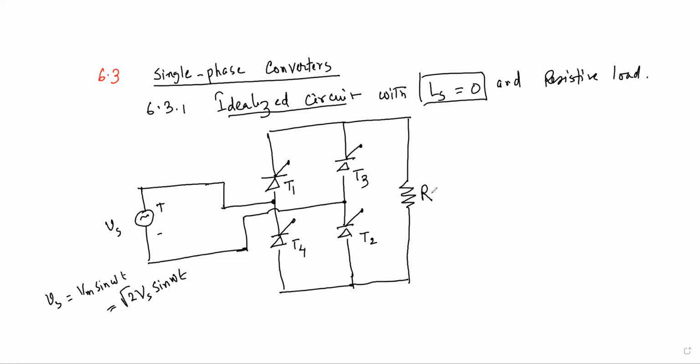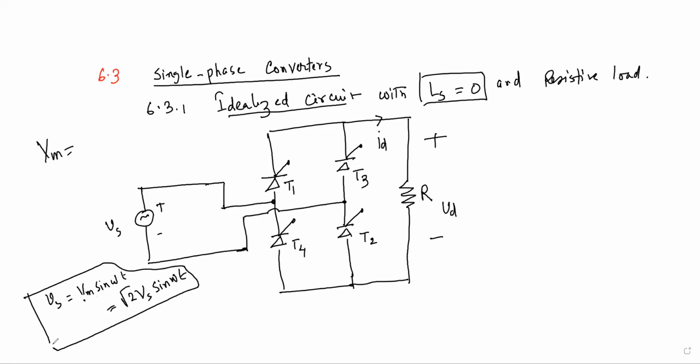So this is your resistive load. The current here is say ID and the voltage across it say VD. I know that if I ask this simple question in the viva, 25% of students will not answer: what is the VM here with respect to the RMS value? Tell me what is VM by looking at the equation.